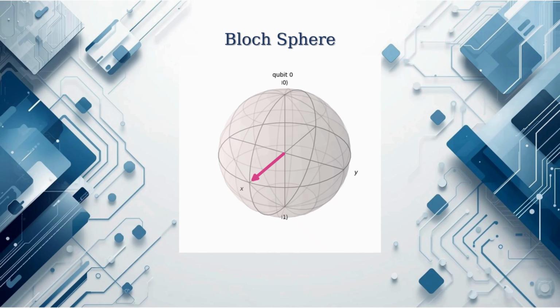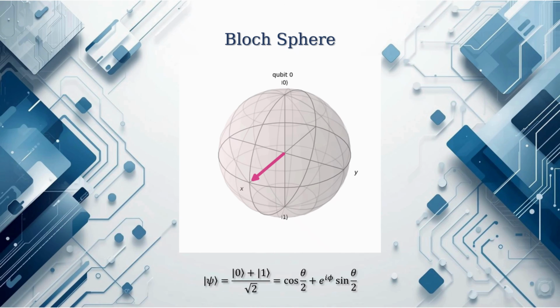In this example, if we measure, the qubit can be gate 0 or gate 1 with equal probability. In fact, the state of the qubit is 1 by root 2 times gate 0 plus gate 1. The state of the qubit makes an angle theta with the z-axis and phi with the x-axis.